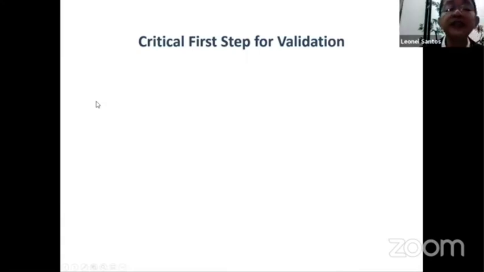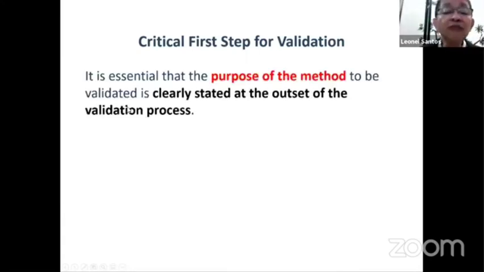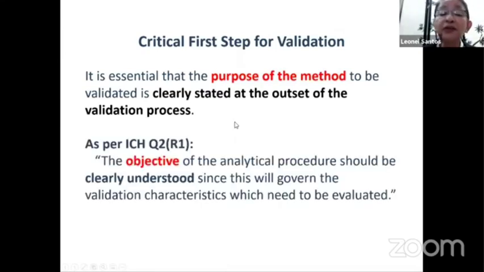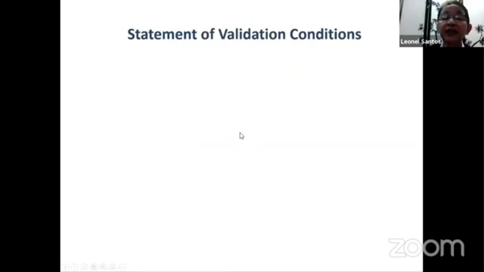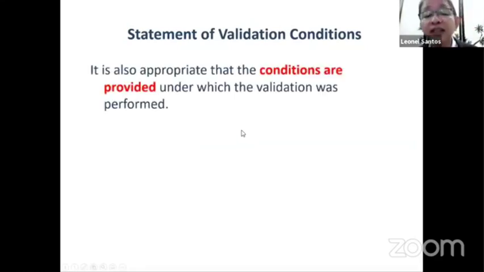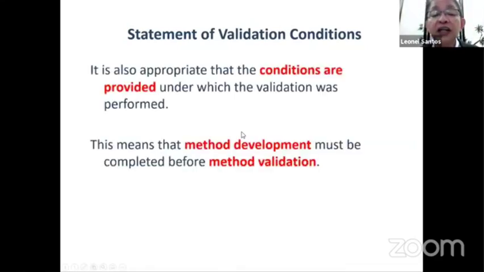Critical step, first step in the validation. It is important that you need to know the purpose of the method. So you need to clearly state that. And per ICH Q2, the objective of the analytical procedure must be clearly understood. So there must be a statement of the validation conditions. Typically, when you do validation, it is assumed that you have already performed method development.